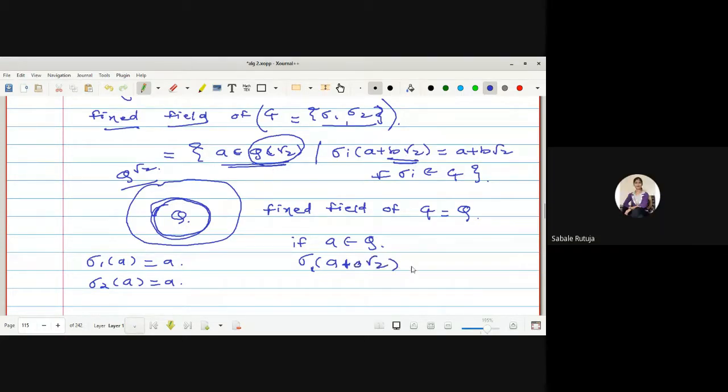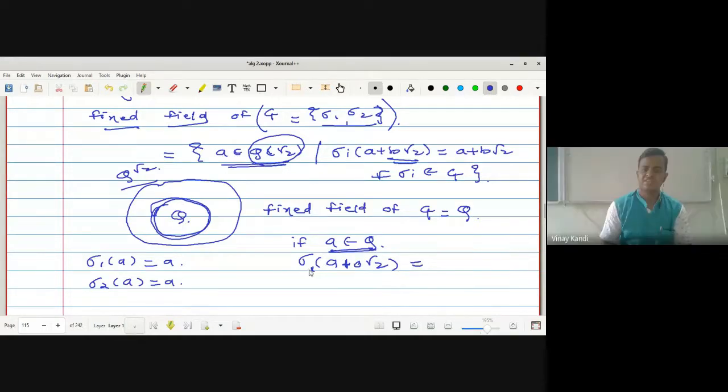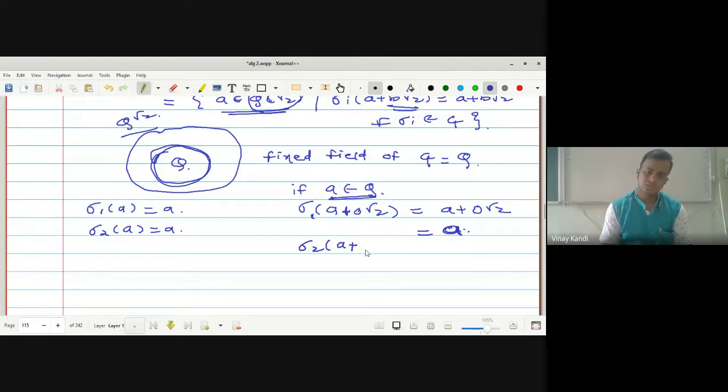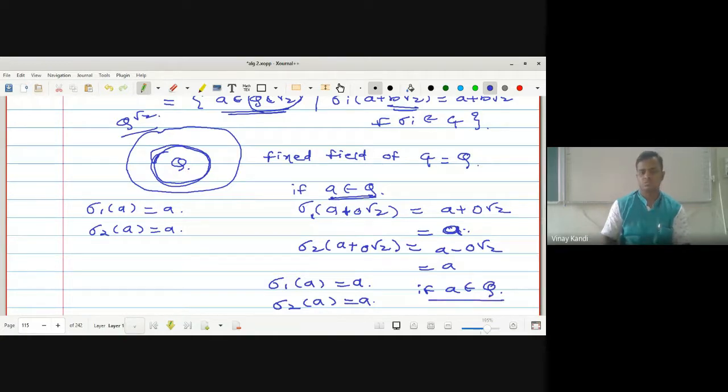So here, if A belongs to Q, by the definition of sigma 1, this one is A plus 0 root 2, that is A. Now sigma 2 of A plus 0 root 2, by the definition, A minus 0 root 2, that is equal to A. So here sigma 1 of A is equal to A, sigma 2 of A is equal to A, if A belongs to Q. Okay, for both mappings this is what should hold to keep the fixed point here. So what is the fixed field of G here? Q. Is it correct?